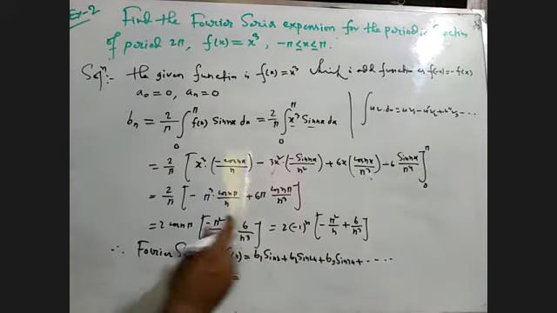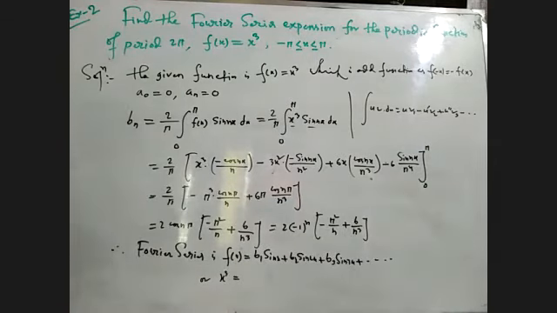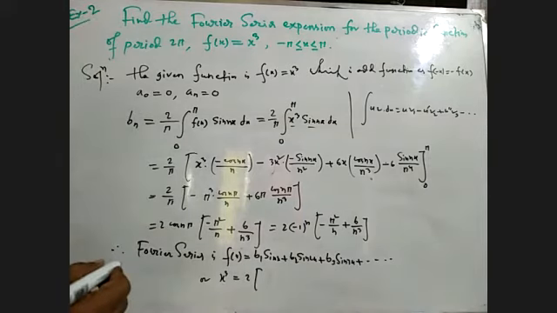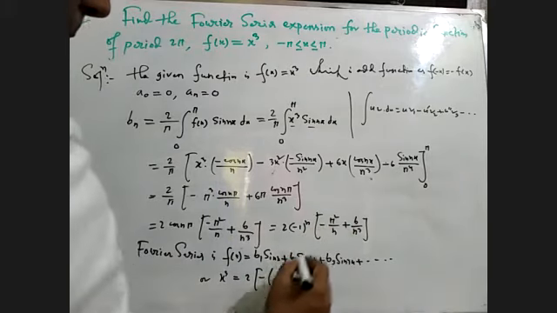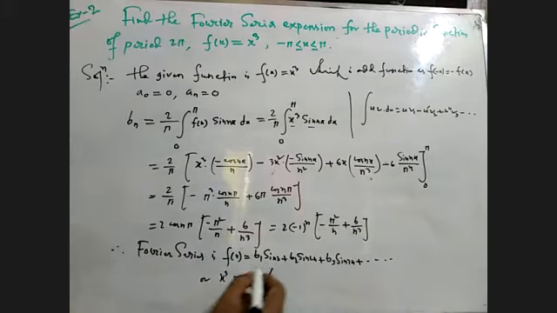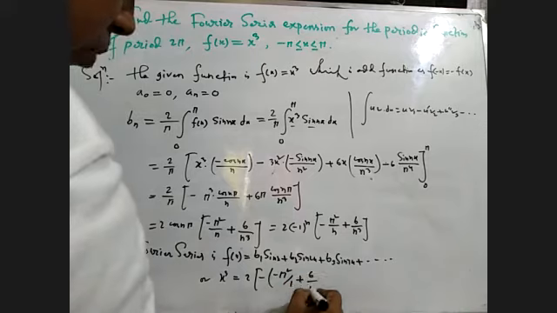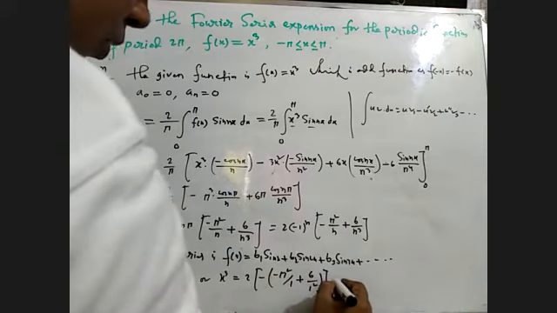Now b1 equals to what will be, after putting n equals to 1 here, we get 2 into minus 1 to the power 1, we get minus, what will be, minus pi square by 1 plus 6 by 1 cube, sin x.